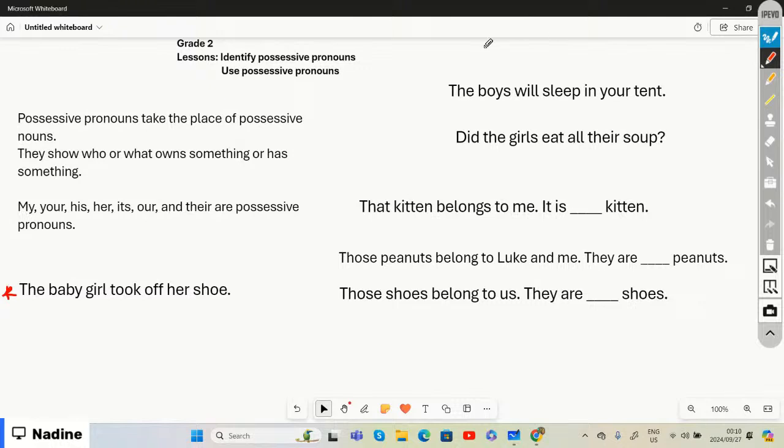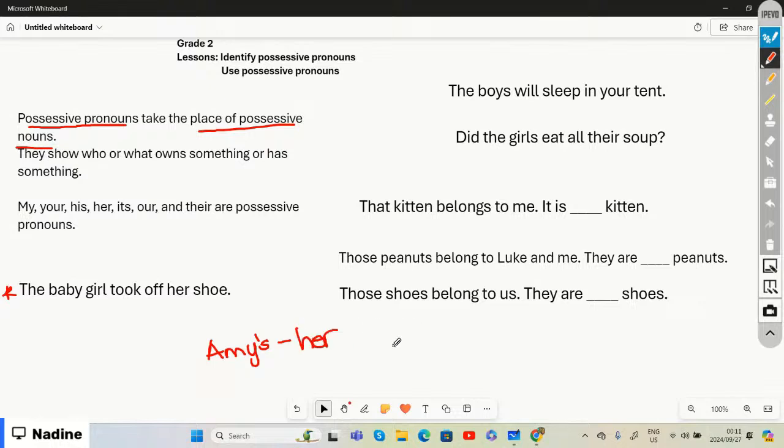And before we go to that example, once again, we say possessive pronouns take the place of possessive nouns. So, instead of saying Amy's doll, we're going to say her doll.